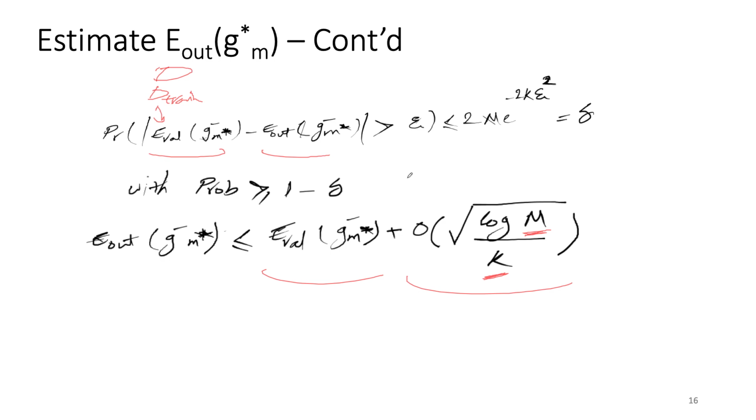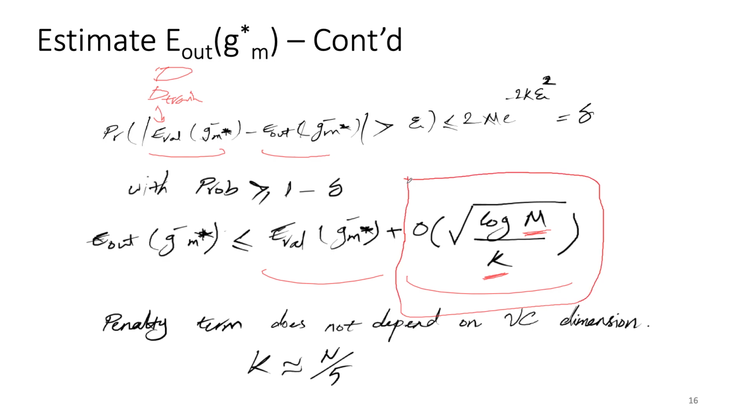So this was the parameter that would hold us not to have that equality in the previous slides. Okay? And this penalty term does not depend on VC dimension.